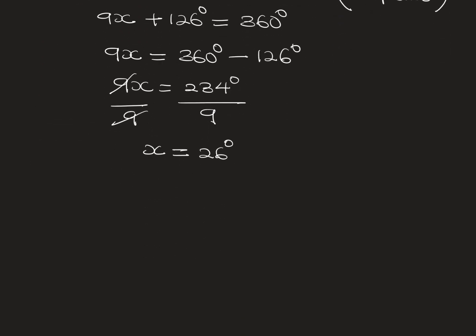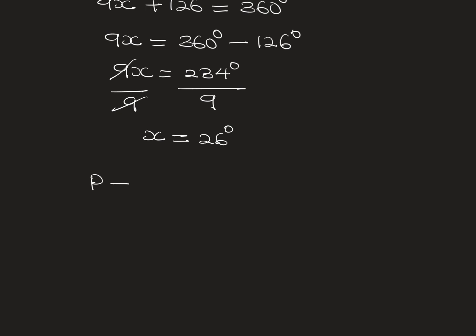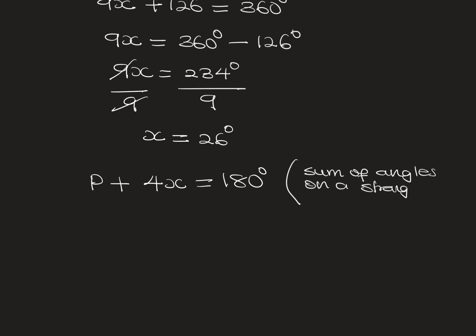So what are we going to say? We're going to say P plus 4X is equal to 180 degrees because of the sum of angles on a straight line. So that will be P plus 4 into what is X, it is 26.